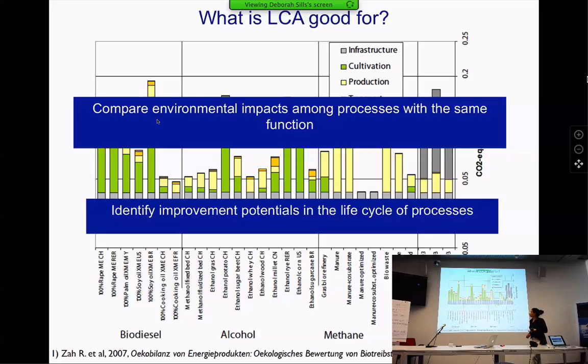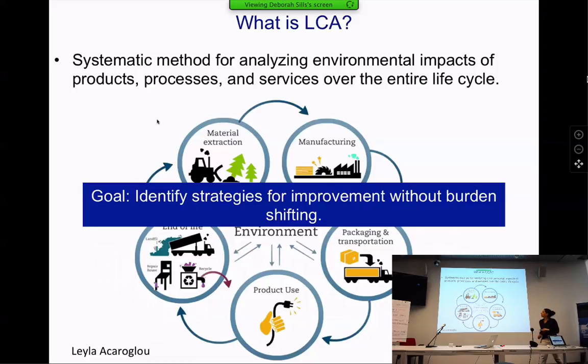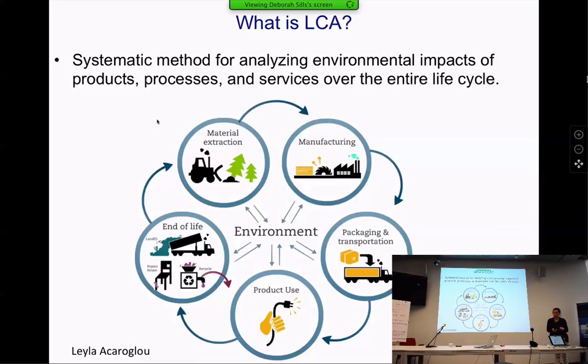And actually, one thing, I'm going to go back to this slide. I defined what life cycle assessment is, but I didn't detail what I mean by life cycle, because it's right here, it says over the entire life cycle. So what do I mean by life cycle? Well, just like we have a life cycle, right? You're born, go to school, maybe you get married, maybe you don't, you have kids, grandkids, and then you die. So just like that, products and processes also have a life cycle.